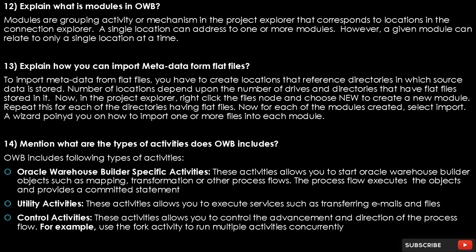Utility activities. These activities allow you to execute services such as transferring emails and files. Control activities. These activities allow you to control the advancement and direction of the process flow. For example, use the fork activity to run multiple activities concurrently.